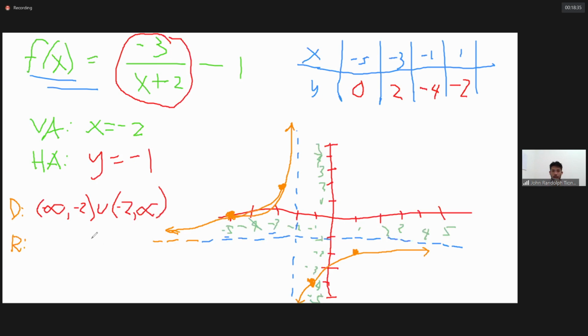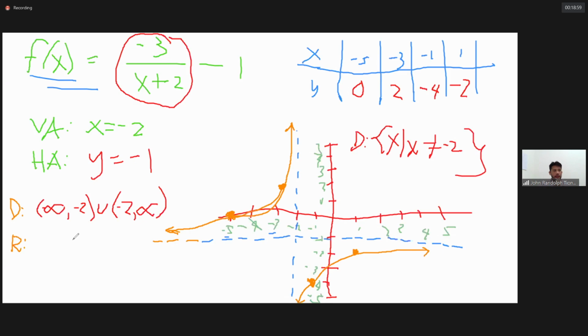Okay? You can have that domain written that way, or you can have it this way. Ilagay ko dito sa kabila yung domain ha. X value such that x is not equal to -2. Okay? You can have it that way.